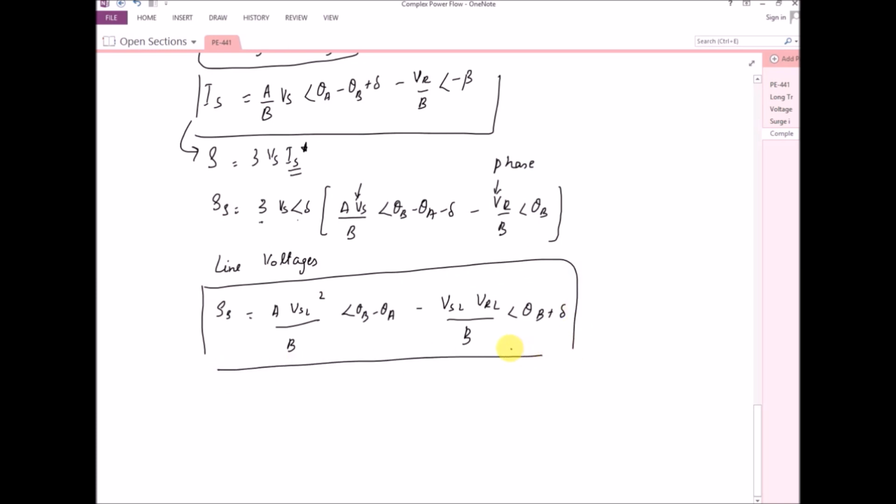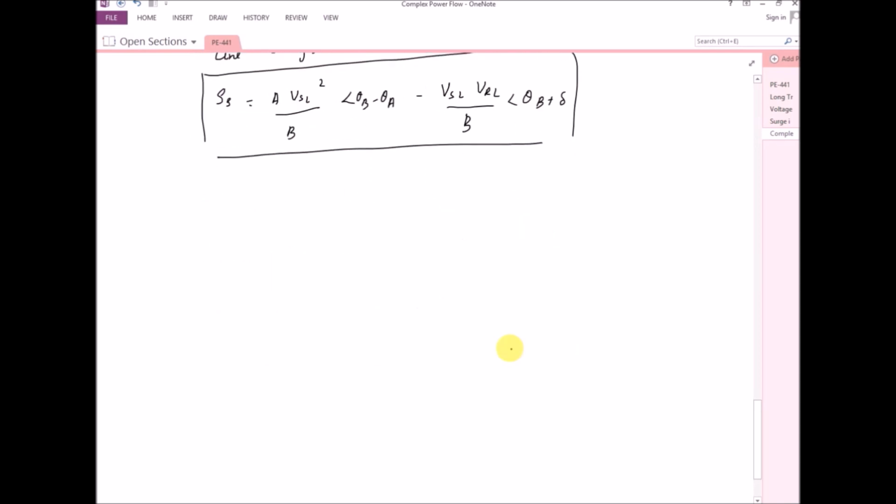Like we have done in the receiving end complex power, we can again distribute it into two different parts, the real power and the reactive power. The real power will become PS is equal to A VSL square over B cos theta B minus theta A, minus VSL VRL over B cos theta B plus delta.